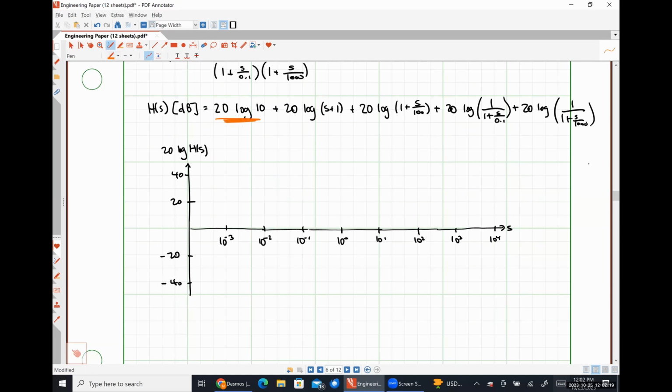So in orange, I'm going to do my 20 log of 10, which is just a constant value of 20 decibels.